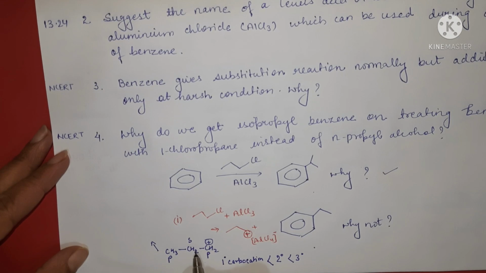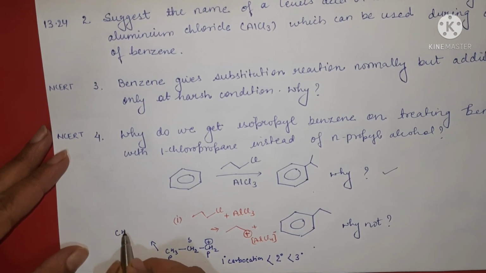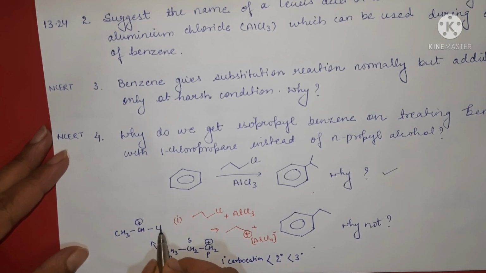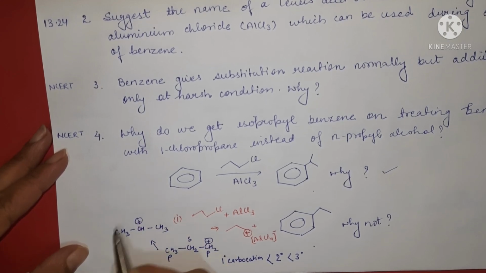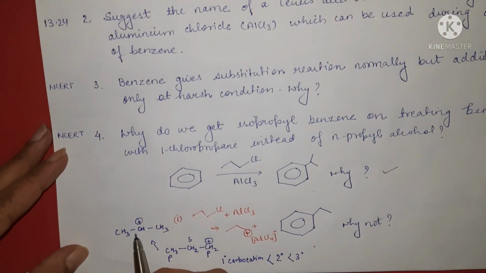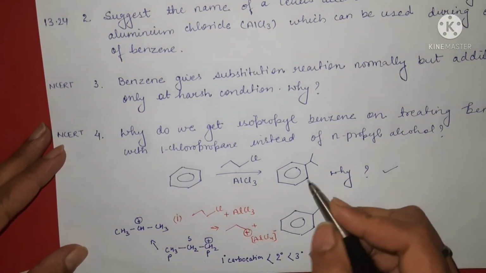One of the protons shifts from here and we get CH3CH positive CH3. Now this is the electrophile, and this electrophile is now going to attack the benzene ring.